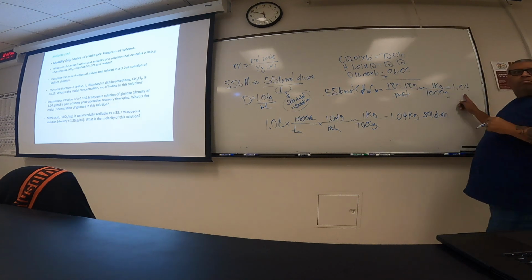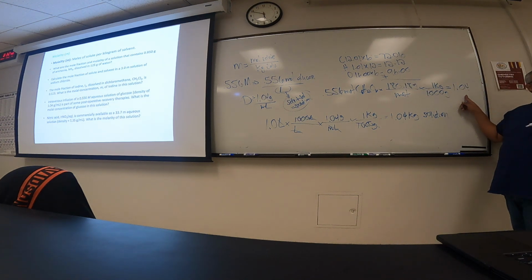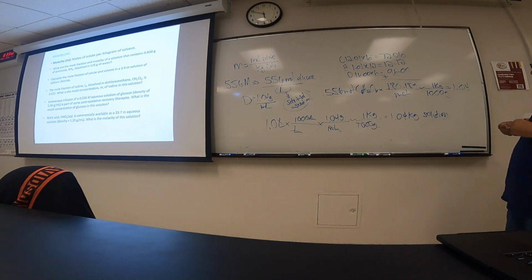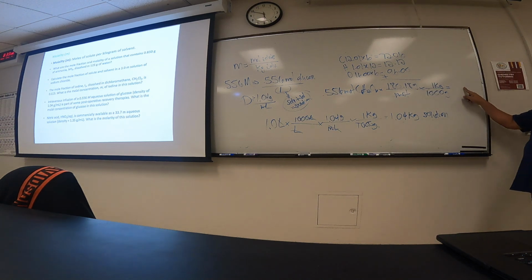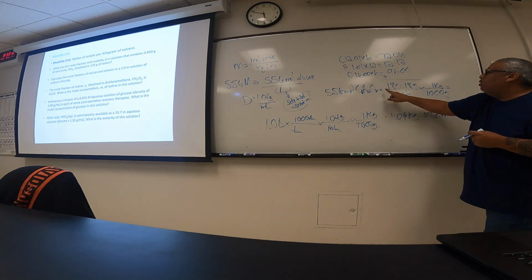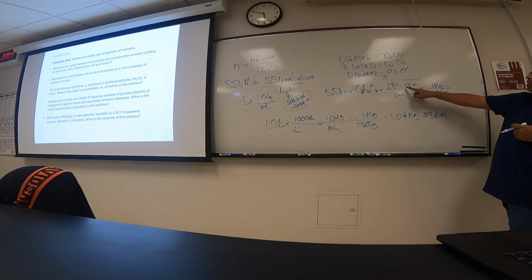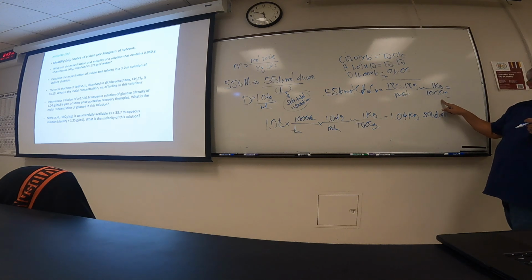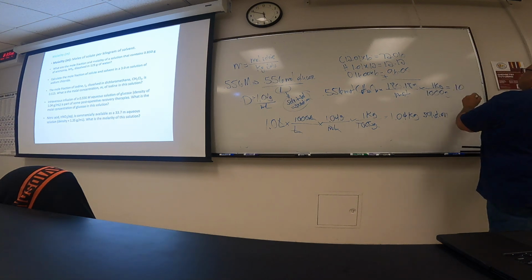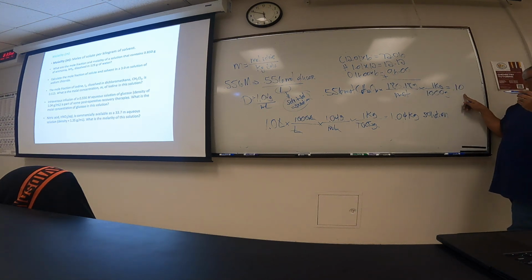Take moles of glucose times the molar mass of glucose, and divide that by 1,000. I think I got 0.100. Is that what we got?